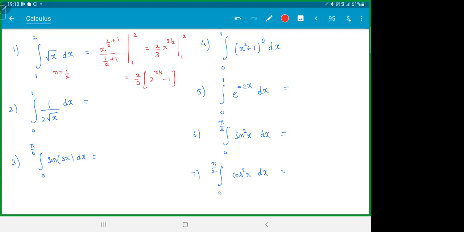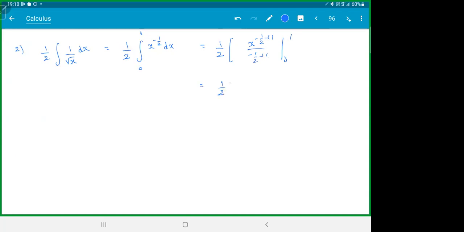Second one, let me show it on the next page. So half integral 1 by root x dx. You can write this as half integral x to the power of minus half dx, from 0 to 1. So this will be half into x power (minus half plus 1) by (minus half plus 1), from 0 to 1.